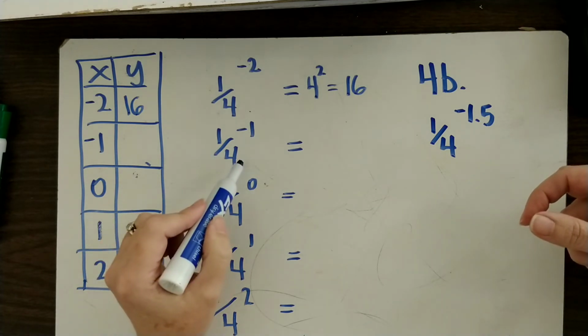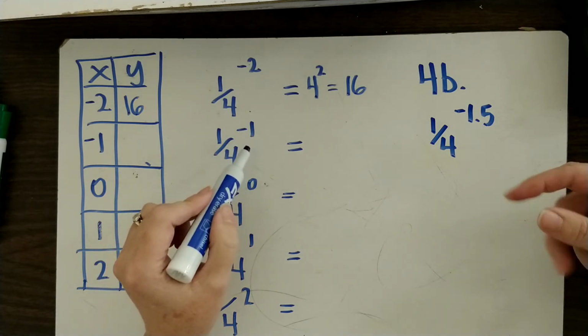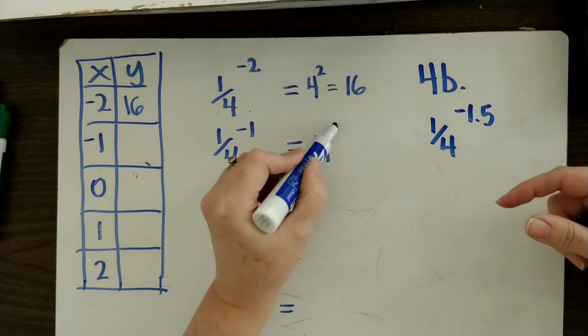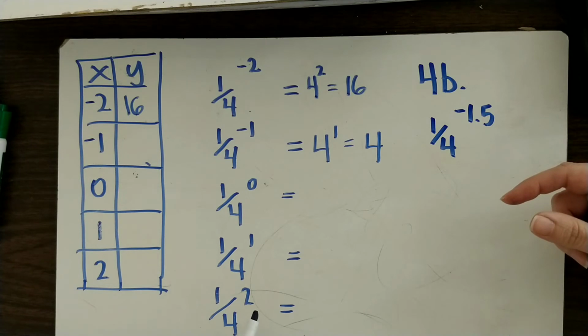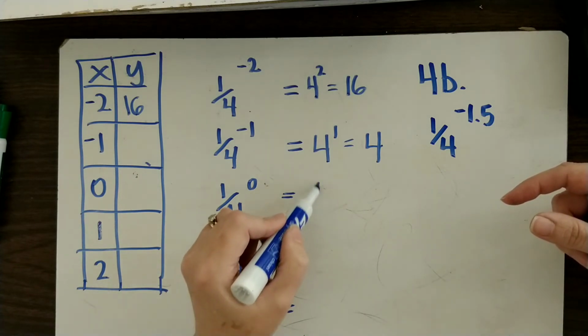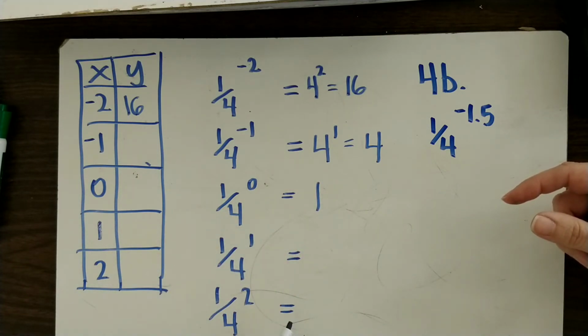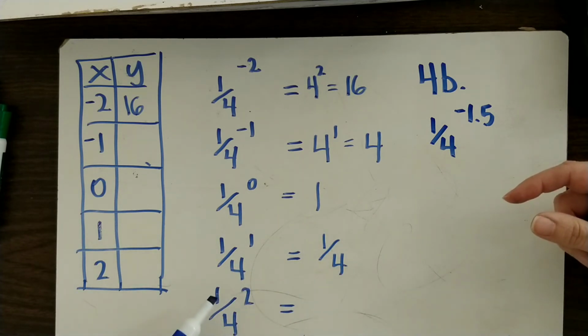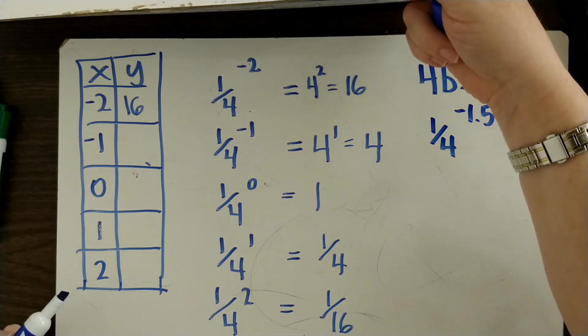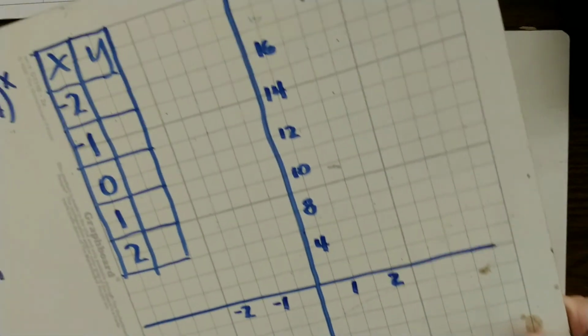Then we have 1/4 to the -1 power, again flip, and you have 4 to the first power, which is 4. Anything to the 0 power is 1. And if you look at the next one, 1/4 to the first power is 1/4, and 1/4 to the second power is 1/16.